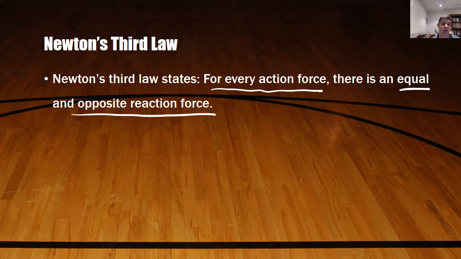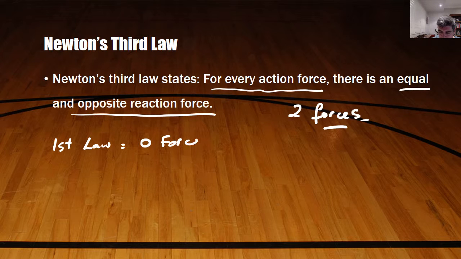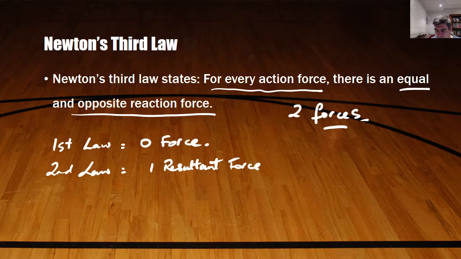This is actually a law that involves two forces. If you recall, the first law was basically about no force acting. The second law was about what happens when we have one resultant force, and from that resultant force, we get the equation F equals ma.